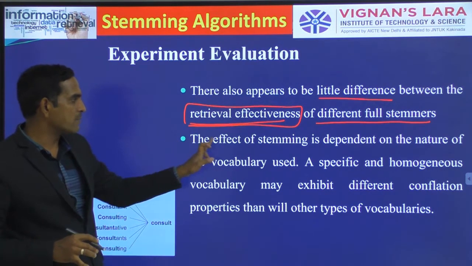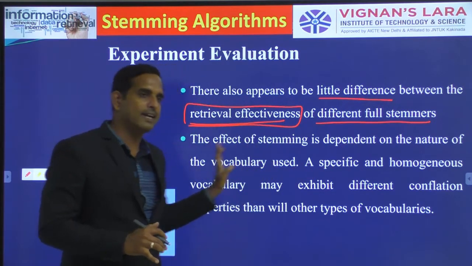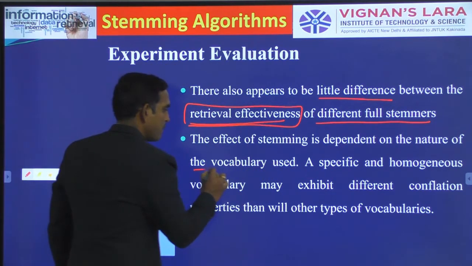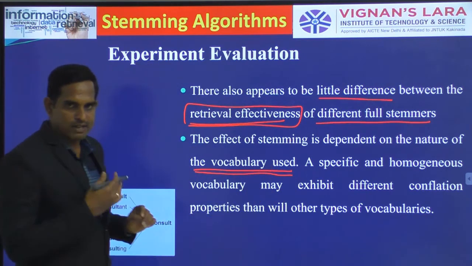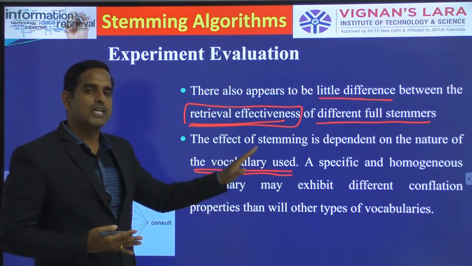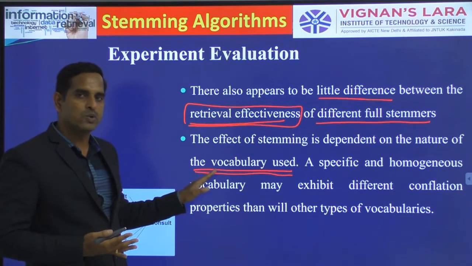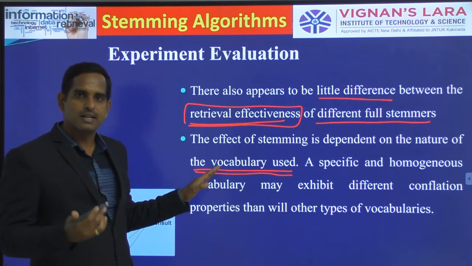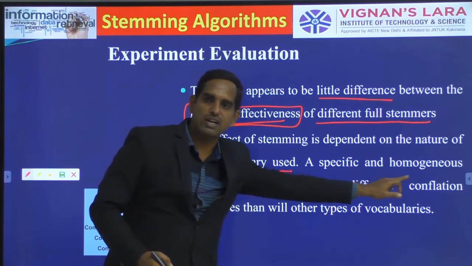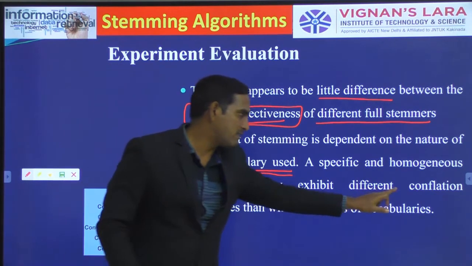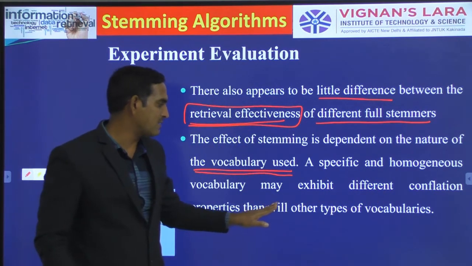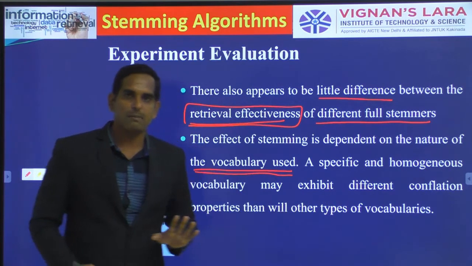The next one is that the effect of stemming is dependent on the nature of the vocabulary used. Remember, whenever you want to perform the stemming process, it will depend upon the vocabulary you are using in the particular database. A specific and homogeneous vocabulary may exhibit different conflation properties than other types of vocabularies.